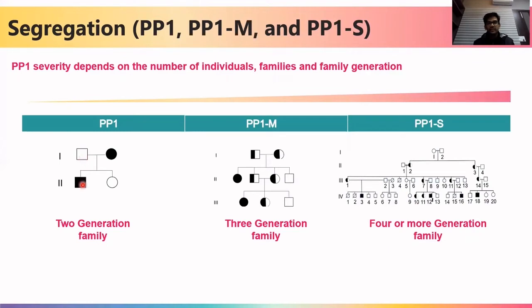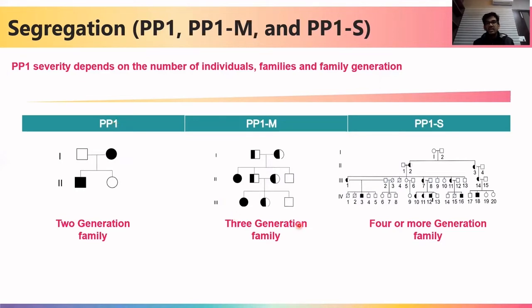If there's a two-generation family with autosomal dominant inheritance, as here, the child has inherited the disorder from the mother, who has the same variant. In such a scenario, there is supporting evidence, because there are not enough individuals to prove it as strong evidence for PP1.